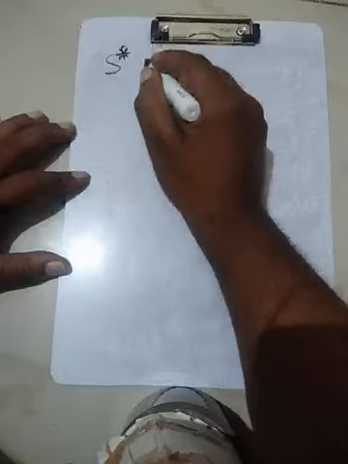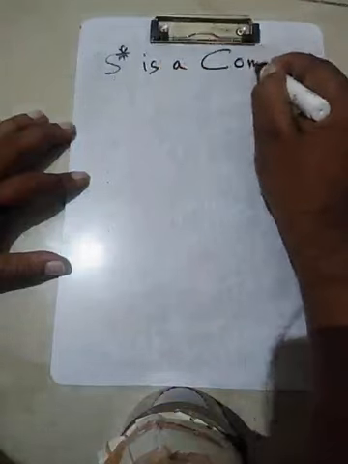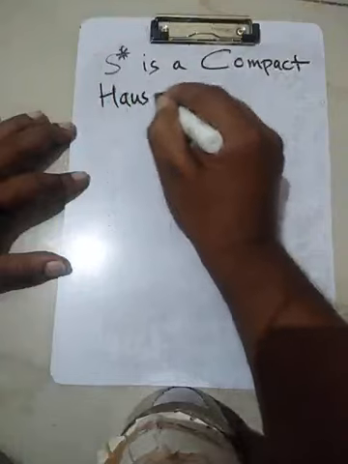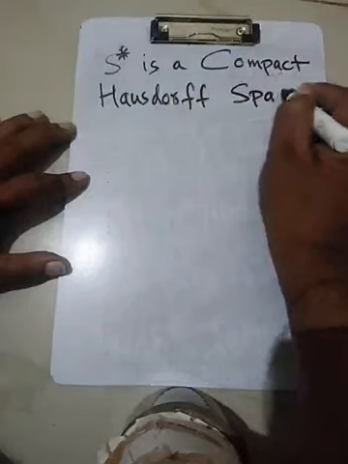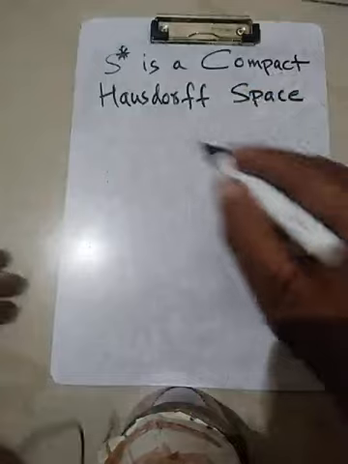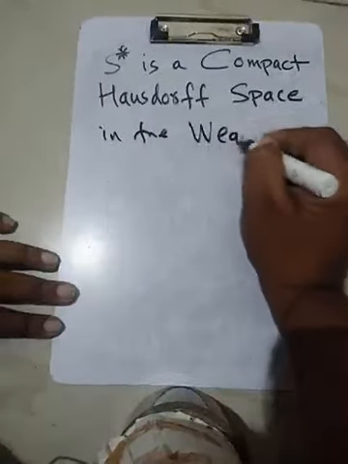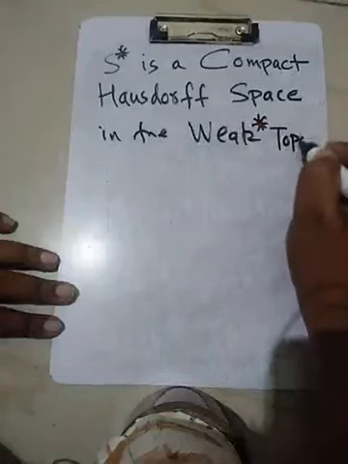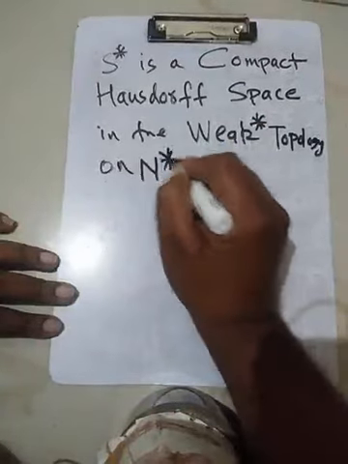S star is a compact Hausdorff space in the weak star topology on N star.